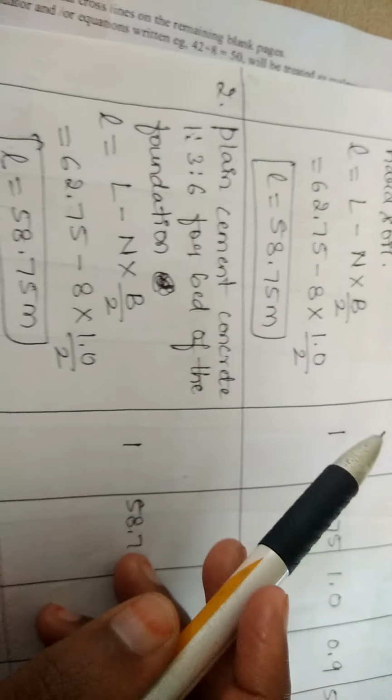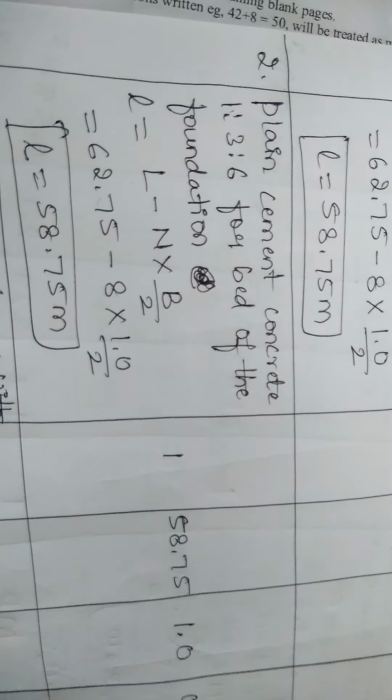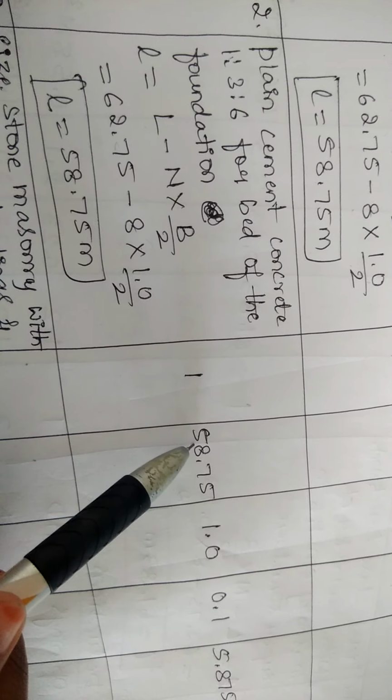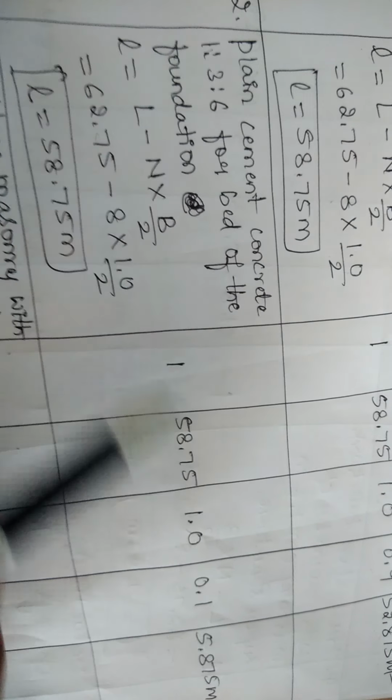Now again in the place of numbers, you put it as 1 because we are considering the whole building as one part. And in the place of L, you substitute the value of L as 58.75, and in the place of B you write down the width of the PCC, that is 1. Now the depth of the PCC will be taken from the figure.